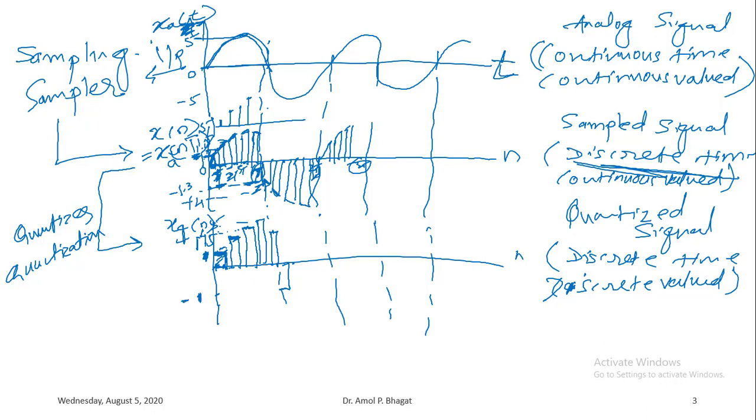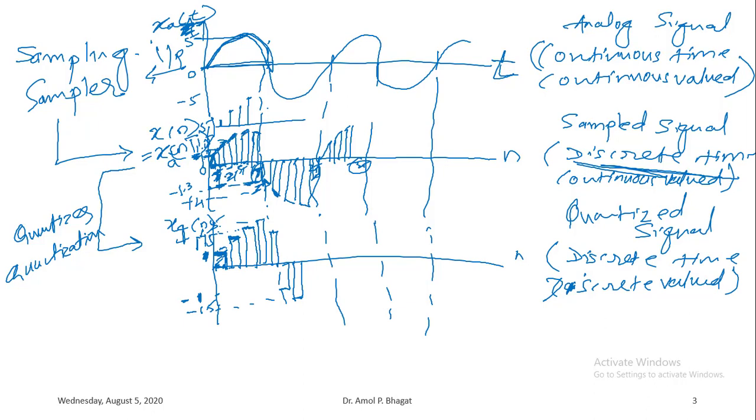Likewise, for all these samples some fixed quantization values, which are also called quantization levels, will be assigned. Just for example, here I am assigning minus 1.5. So likewise this quantization process will be carried out. Initially our signal was continuous in value as well as continuous in time. Here it was discrete in time but continuous in value.